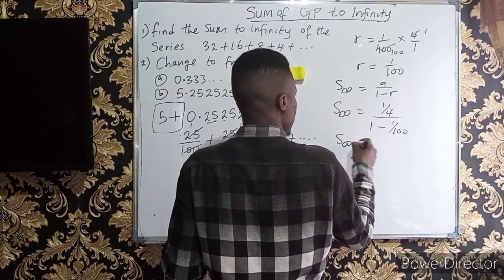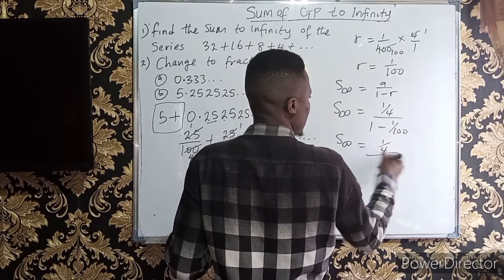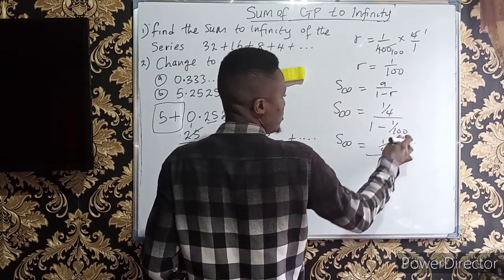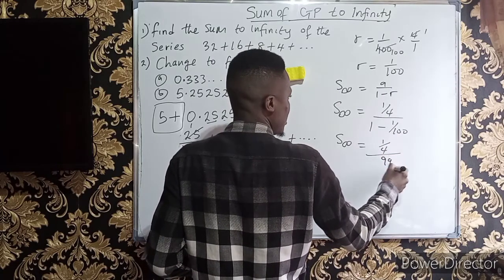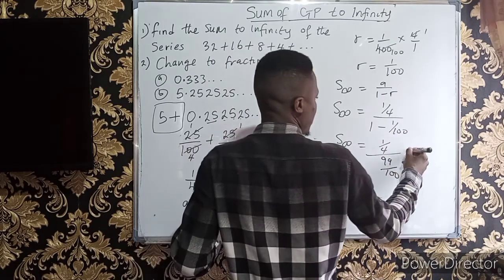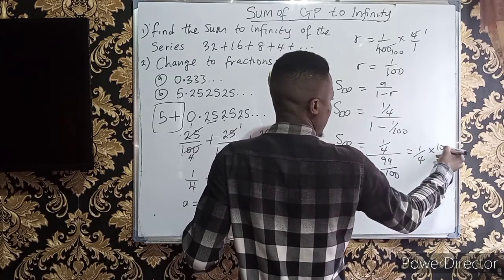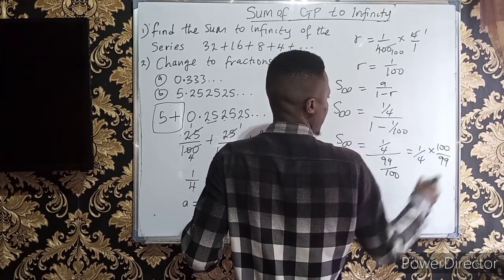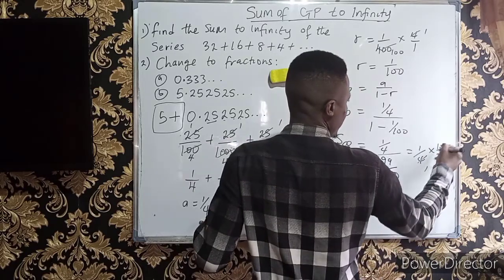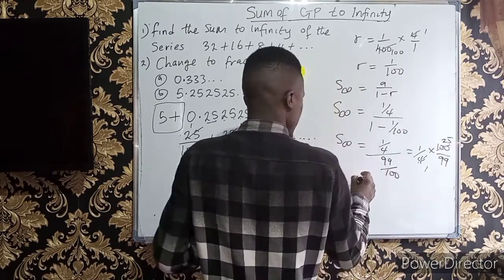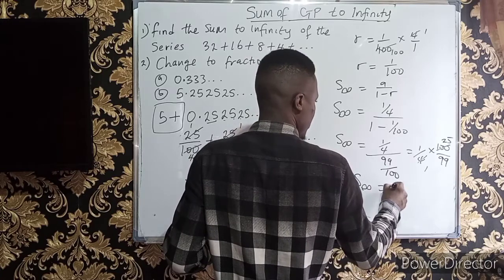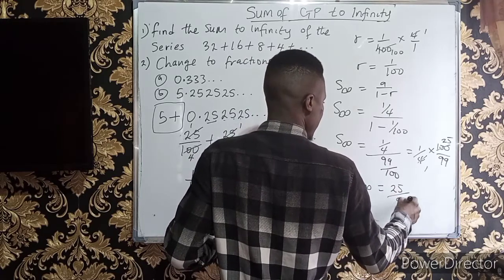So S infinity will now be 1 over 4 divided by 1 minus 1 over 100, which gives us 99 over 100. This is the same thing as 1 over 4 times, I'll turn upside down, 100 over 99. 4 here is 1, 4 here is 25. So the S infinity will give us 25 over 99.